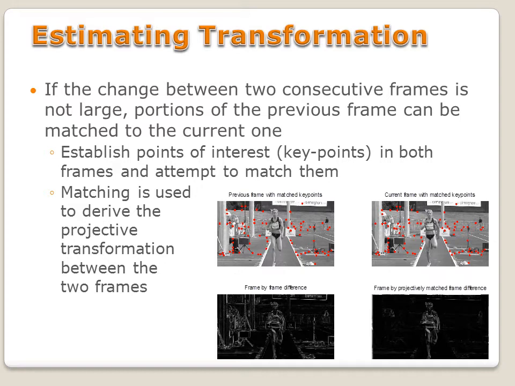To see the effect of actually finding the projective transformation, here you see the frame-by-frame difference where the background and the athlete change a lot. On the bottom right, you can see the frame by projected transformed frame difference, where you see that the background in the two frames is matched due to estimating the transformation between the two. Now, what remains different is the athlete body itself.